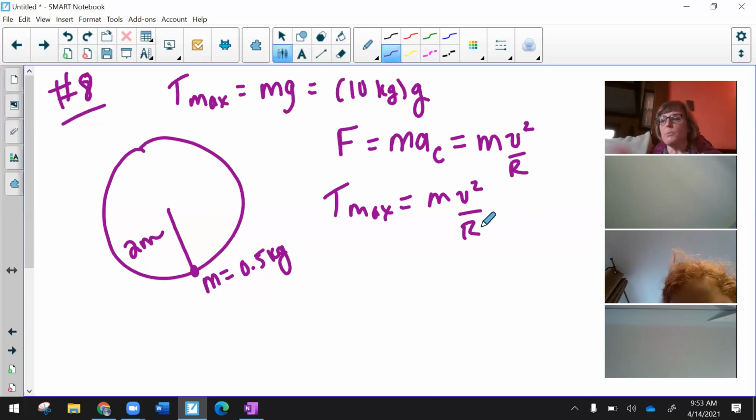Again, we're talking about superlatives here. What's the maximum speed that my object can have without breaking the string? That means I want to consider the maximum tension.